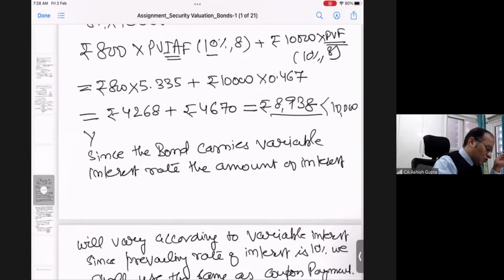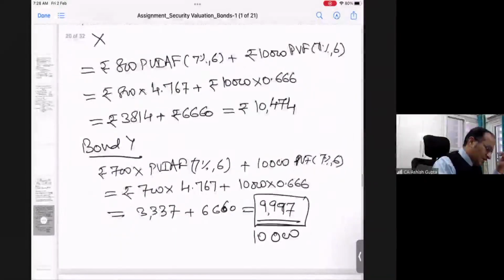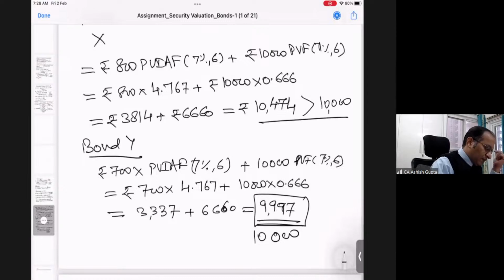When our YTM is 7%, it is greater than 10,000. So it moves inversely. Whereas here, since it is a floating rate, whatever be the prevailing rate of interest, it will move in tandem with the prevailing rate.